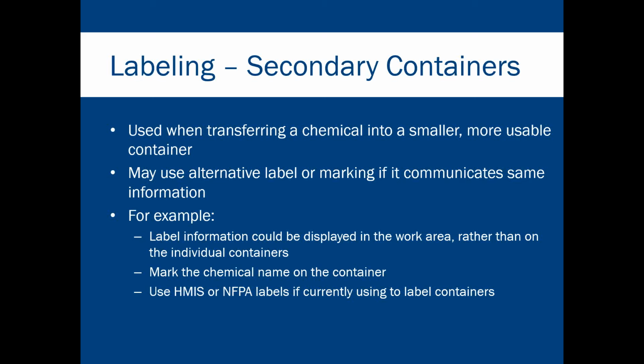You can put a sign up in the area that provides its name, pictograms and maybe the hazard statements, and it covers the whole area. You can also mark on the container the name and the hazards, with a grease pen or a permanent marker. Otherwise, you can use your current labeling system, whether it's HMIS or NFPA, to make sure everyone understands what is in this container.